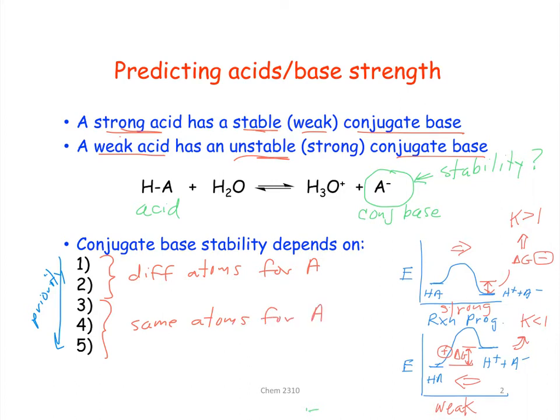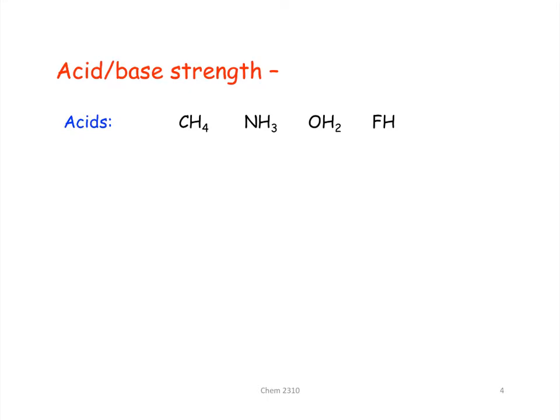All right? So let's look at some different acids, and we'll try to rationalize and understand their relative acidities. The first group that we're going to look at are these compounds here.